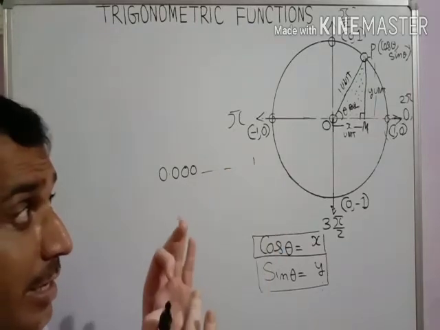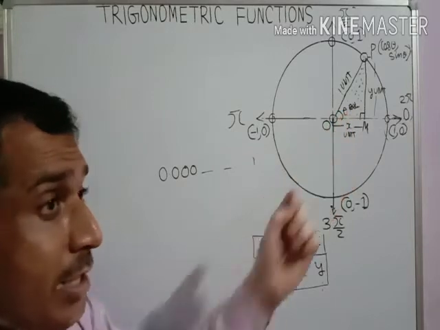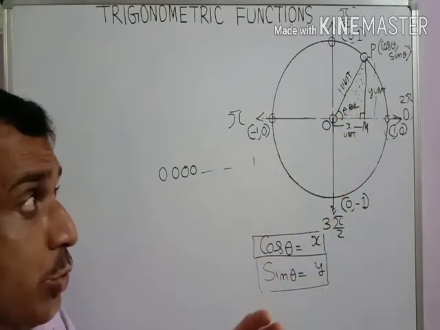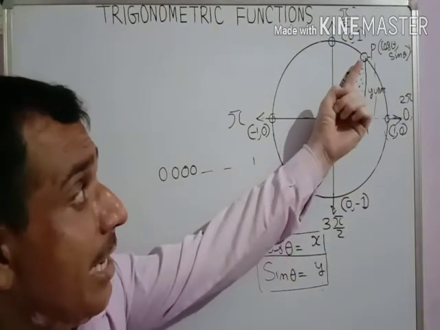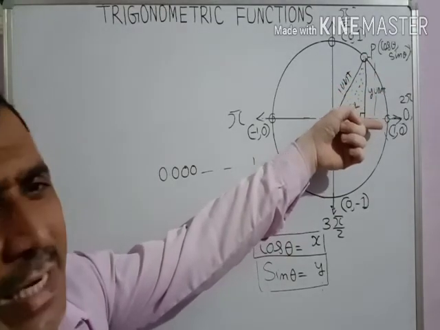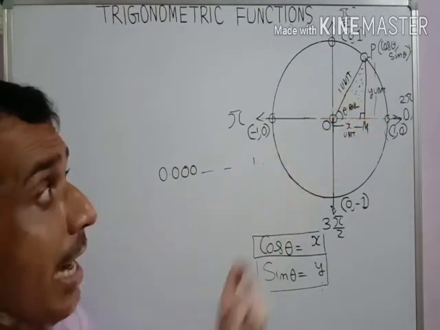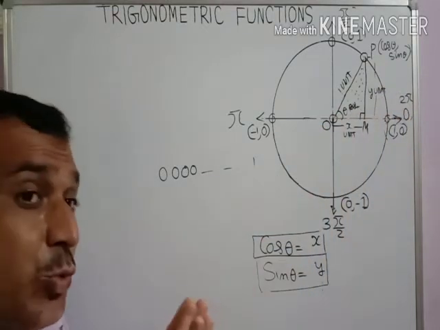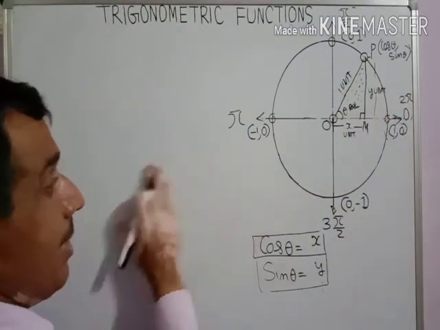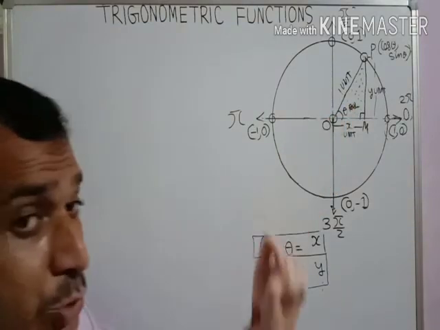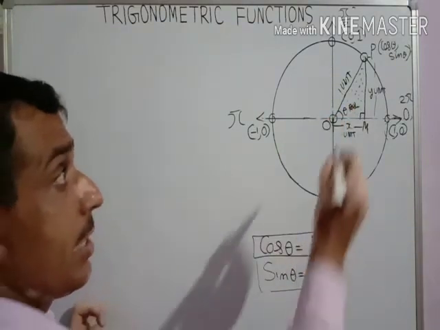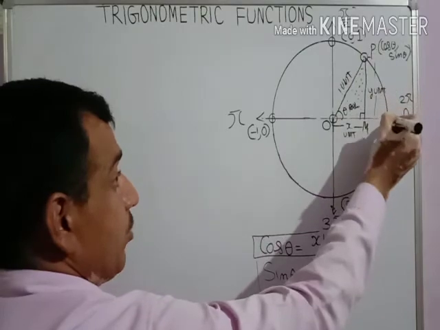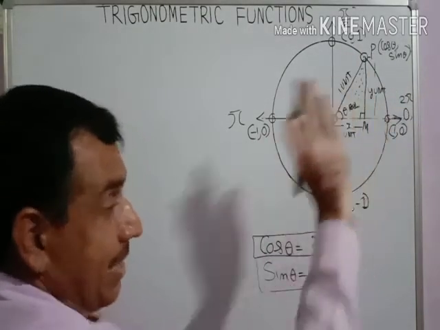It means whenever you reduce theta like this, approaching 0, you feel this line will somewhere coincide with this line, and this point and this point will coincide and overlap each other. इसका मतलब जब आप थीटा रिड्यूस करोगे अप्रोचिंग टू 0, पॉइंट P और दिस पॉइंट विल कोइंसाइड हियर.